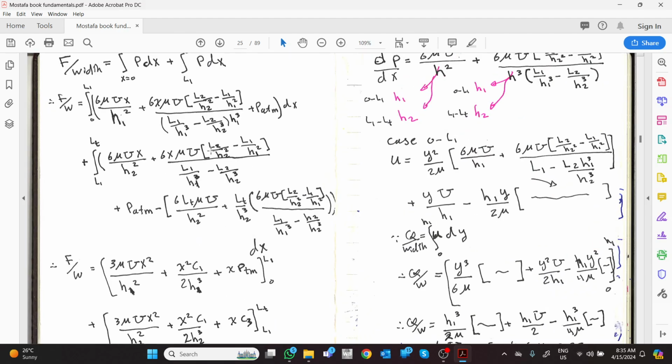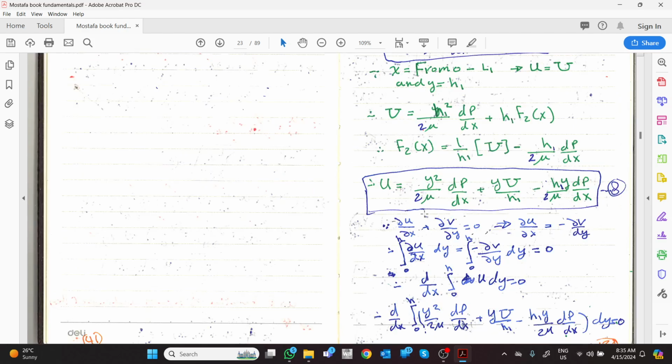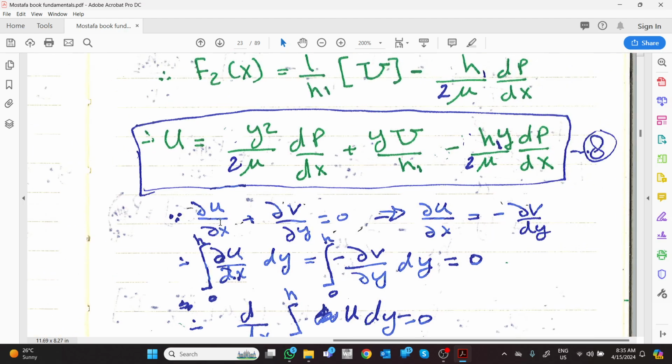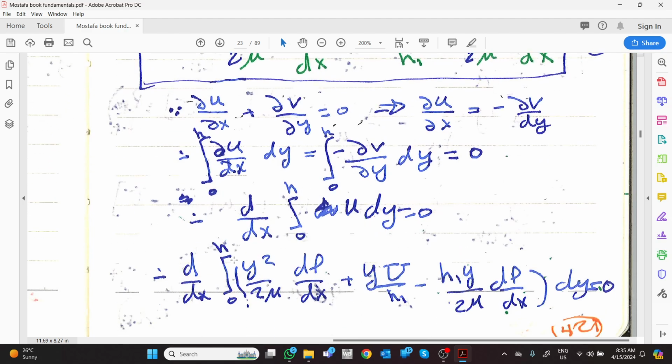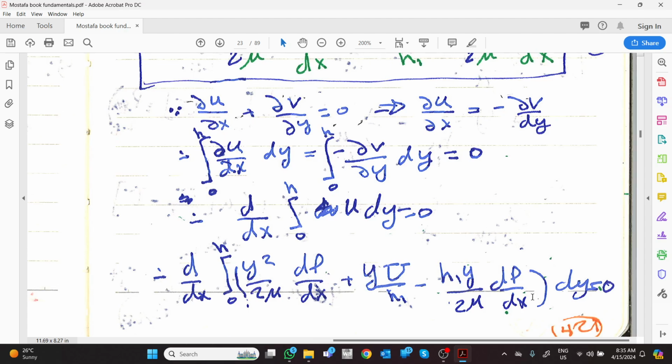We will reach continuity: du by dx equals 0 minus dy. Copy paste, copy paste. Now you remove u, put this equation, and from 0 to h.